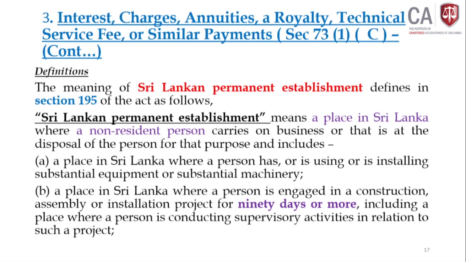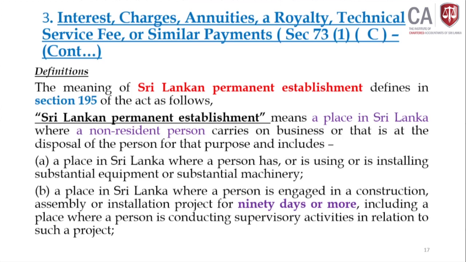B. A place in Sri Lanka where a person is engaged in, see the activities given, a construction, assembly or installation project for how many days? For 90 days or more. If they are doing this, the particular employees are staying in Sri Lanka and the project is going, which kind of project?